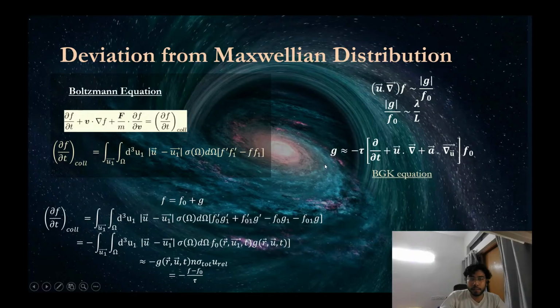This deviation from the Maxwellian is caused by the gradient of f, right? So we take this term u dot del f and we equate it to g by f naught.